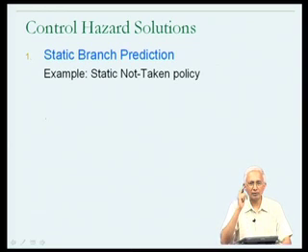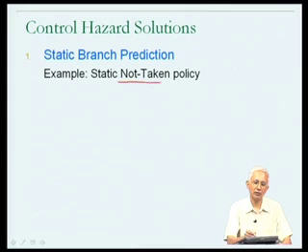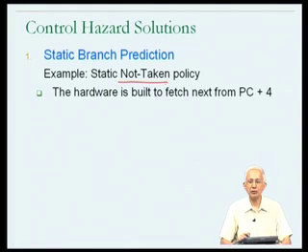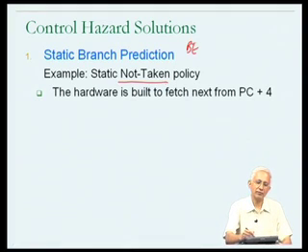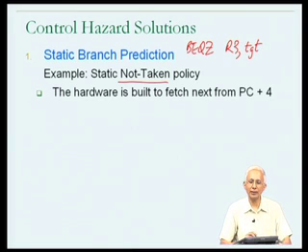Now, the example I am going to talk about is a static branch prediction policy called static not taken policy. And as the name suggests, the idea is to assume that branches are not taken. Right, so, basically what does it mean to assume that a branch is not taken? If I have a branch if equal to 0 R3 target, and I assume that it is not taken, then by default the instruction that is going to be executed next is going to be the next instruction in the program.